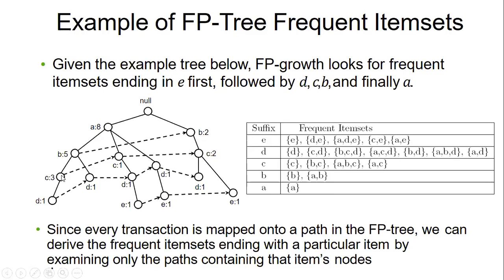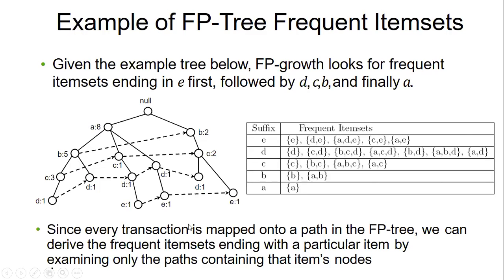Then we go for AD, BD, CD and find out whether anything is frequent or not. So we have to do it for D, for C, for B, and for A. Like this, these are the sets of frequent items that we get for the transaction data given in the example.